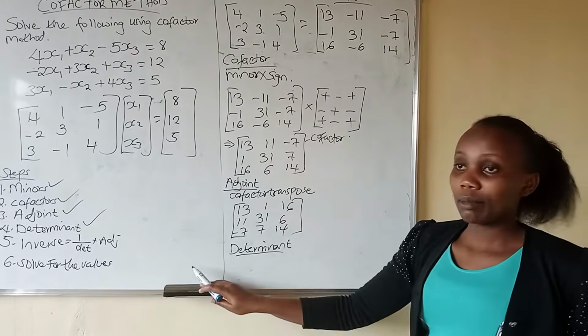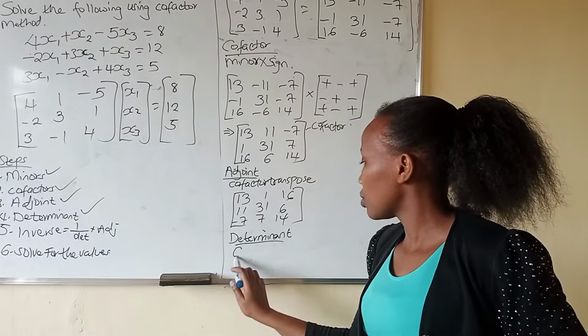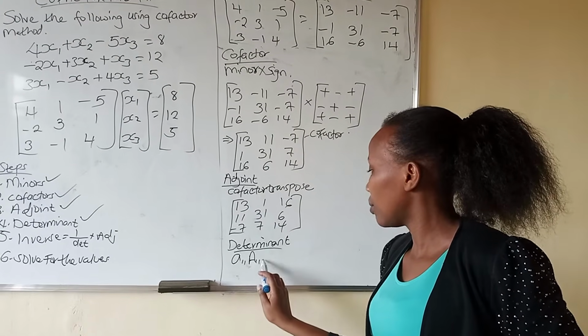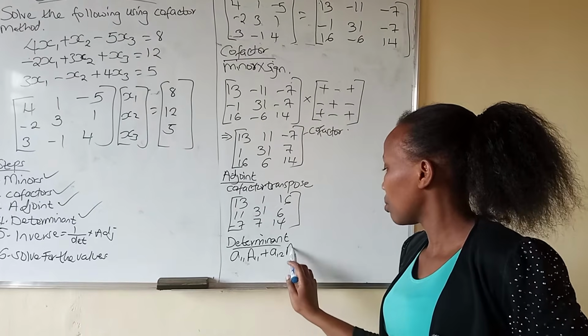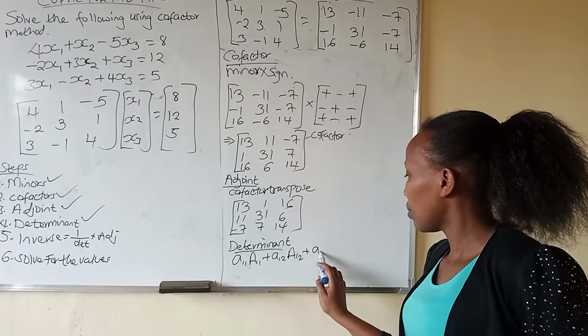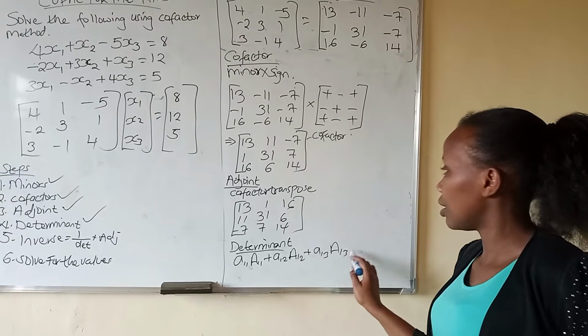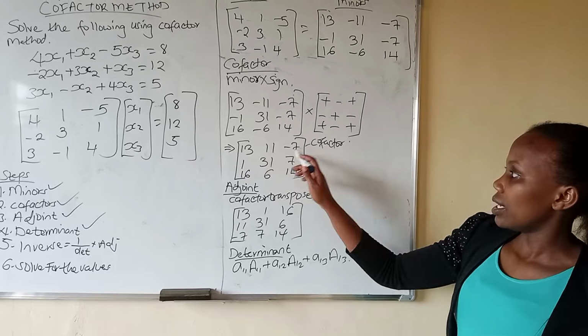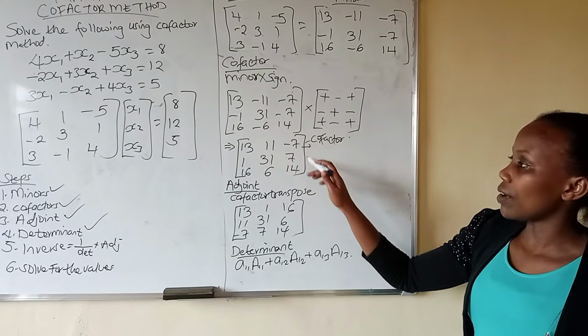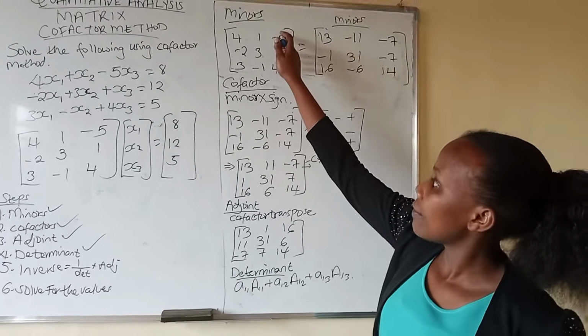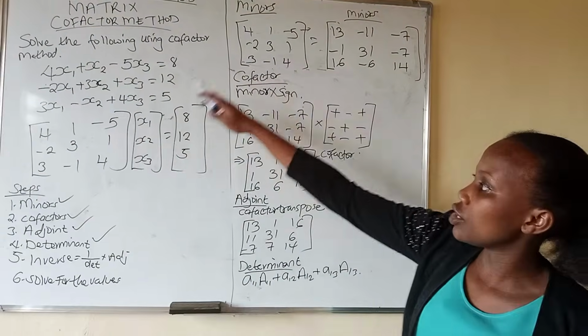In order to get the determinant, it's usually A11, A12, A13. You're going to take the first row of the cofactor and multiply with the first row of the initial matrix.